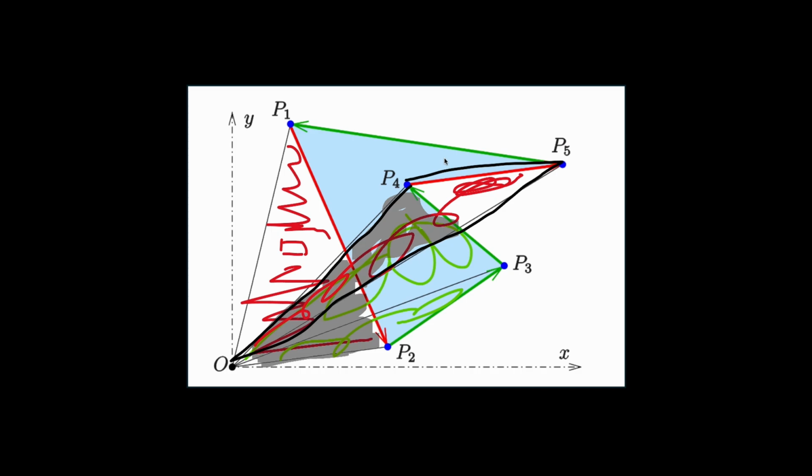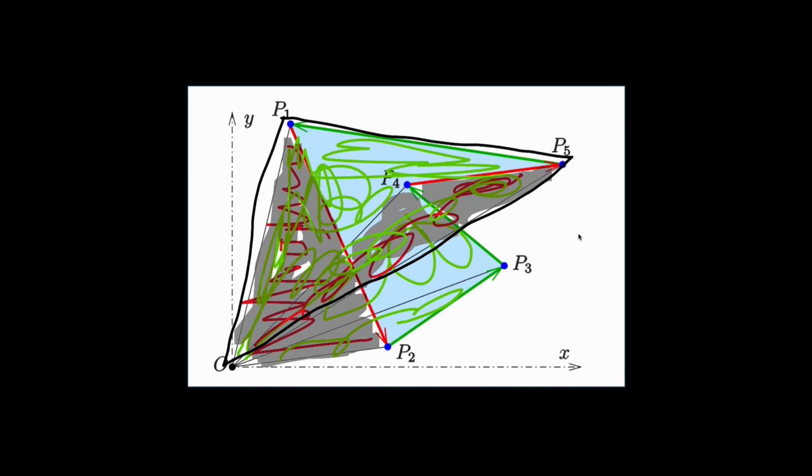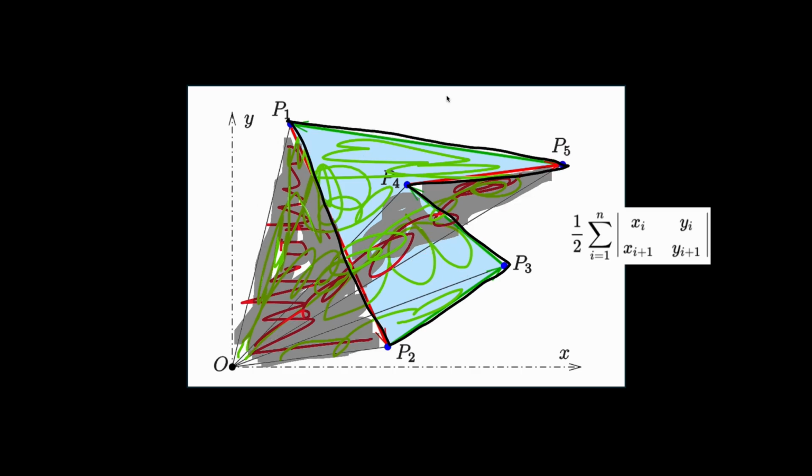And then if we ever go backwards, it cancels out the positive area here and brings back some negative area here. And then we go all the way over again, and this is counterclockwise, so it's positive area again. And so this cancels this out to 0, this cancels the stuff down here out to 0, and brings this back to positive. And what we see is that eventually we just get the area of only the polygon.